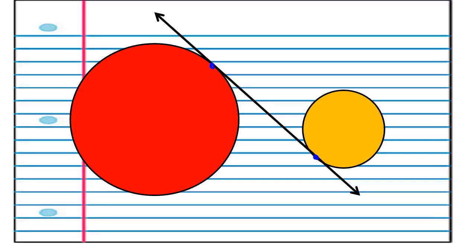But notice it is on the inside compared to this line, which is an external tangent line because it connects on the outside of the circles. Circles can also be tangent to each other at a point of tangency. It's just where a circle hits another circle that creates that point of tangency, a point that connects them.